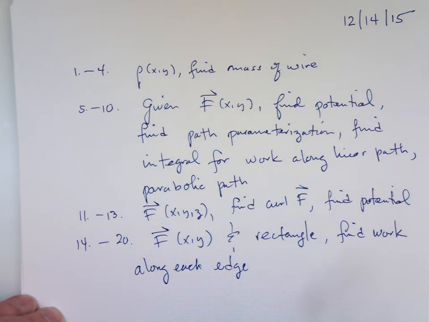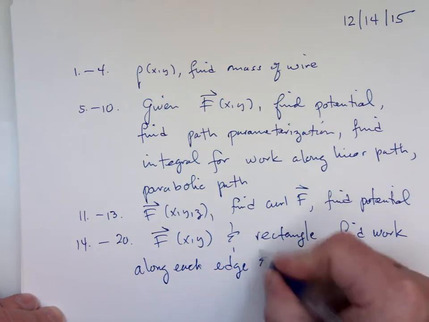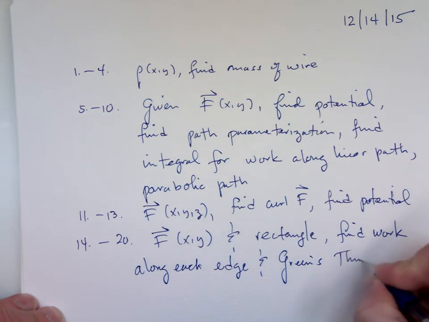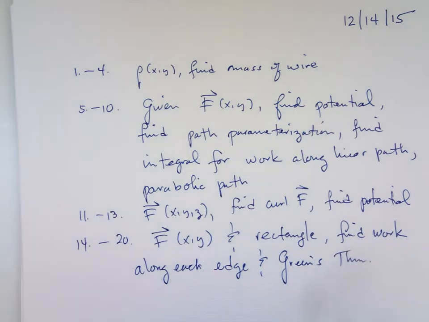Find the total work that way, and use Green's theorem to find the total work. And the two should agree. Okay? That's your test. I think that's more or less what I said the other day. And that's what it is.